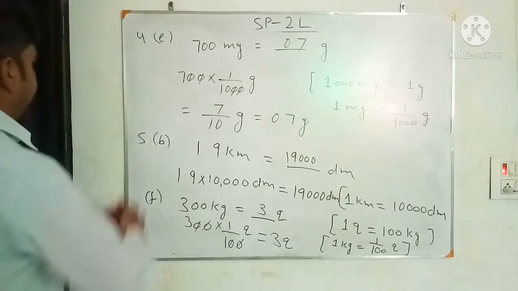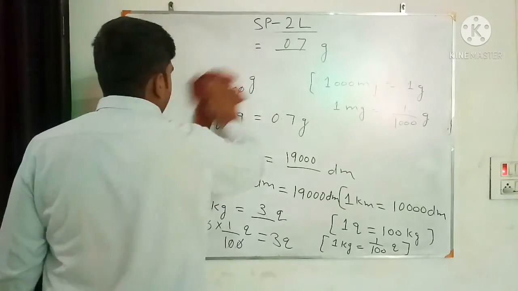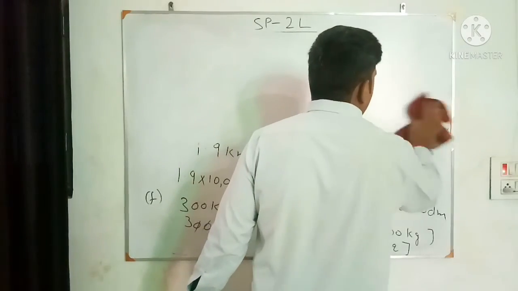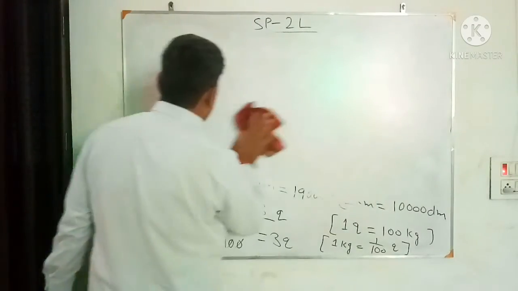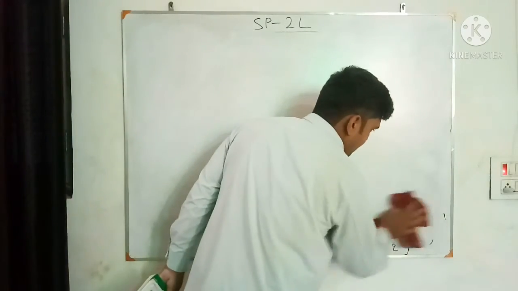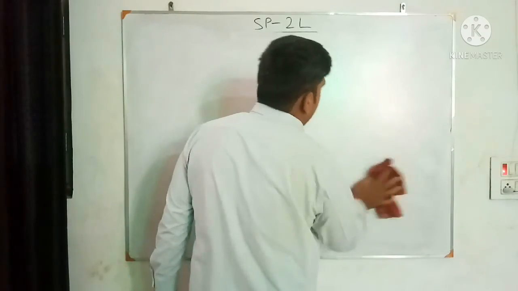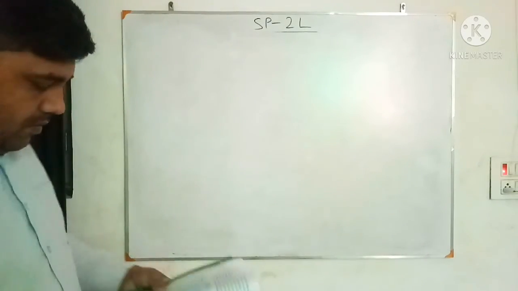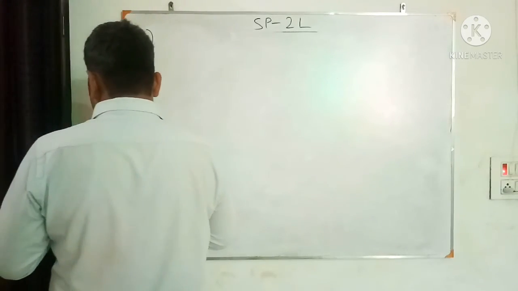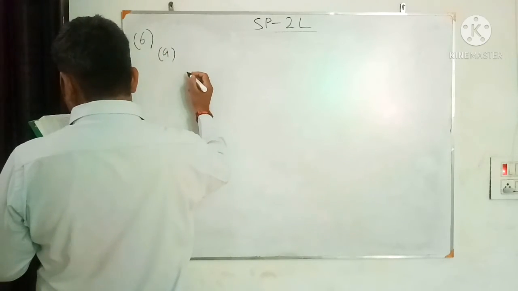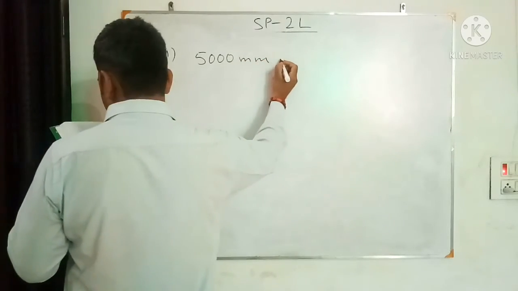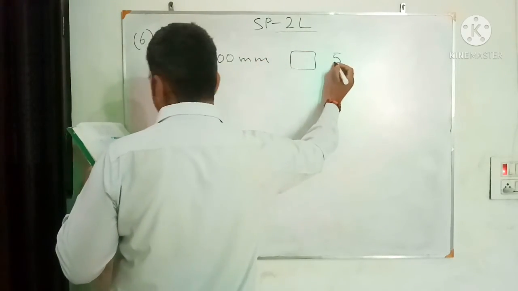Now we do the comparison. 6a. What do we have to compare? 5000 millimeter with 5 meter.